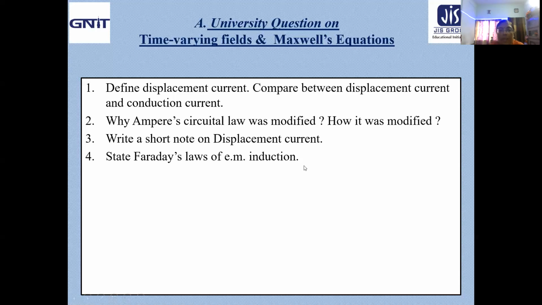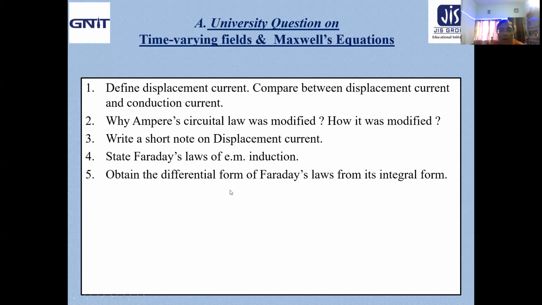Now, next one. Obtain the differential form of Faraday's laws from its integral form. That means you have to first write its integral form, then you have to get the differential form. Now, from Faraday's original law, that is E equal to minus d phi dt, how to get the integral form? The EMF is expressed as the closed loop integration of E dot dl, following the basic definition of EMF.